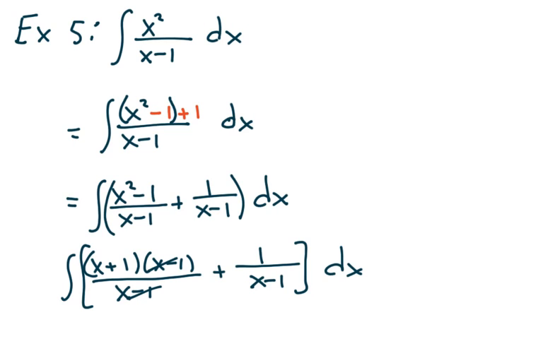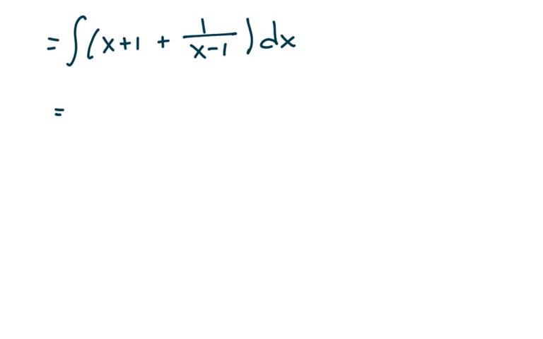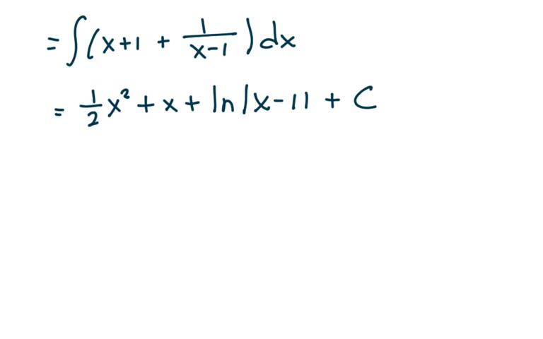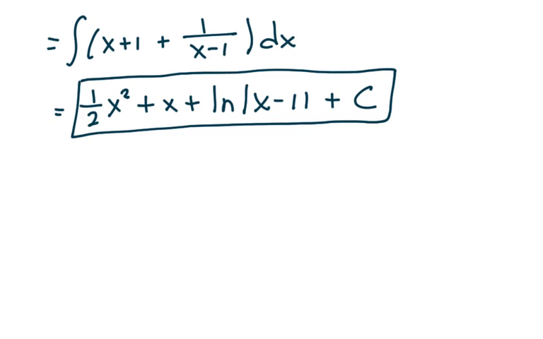Let's make sure. Yep. And so I'm done. So I get 1/2 x squared plus x plus natural log of the absolute value of (x minus 1), and then I just add that constant at the end. And that's how you would integrate example 5.